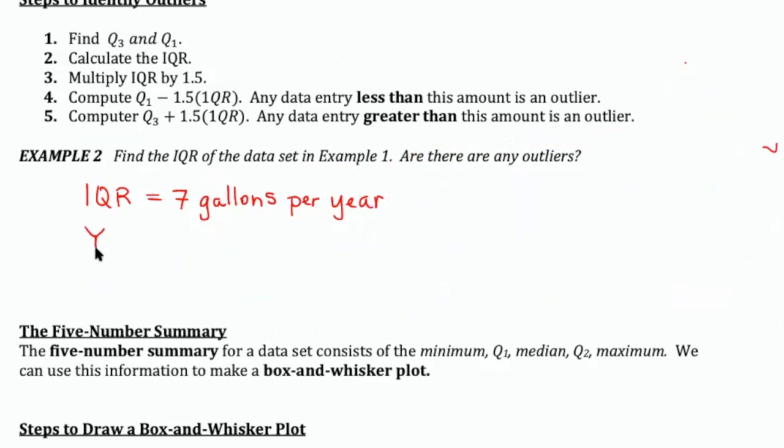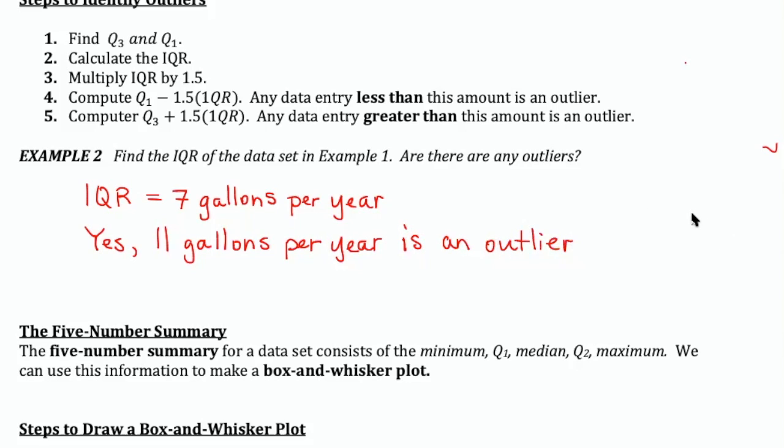And yes, 11, and again, units, gallons per year is an outlier. And again, all that's indicating is that it's in some sense unusual. It's either unusually low or unusually high. And again, outliers will tend to affect the mean of a data set greatly. They have less impact on the median.